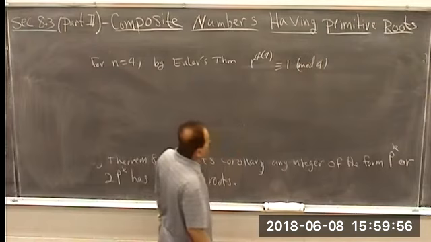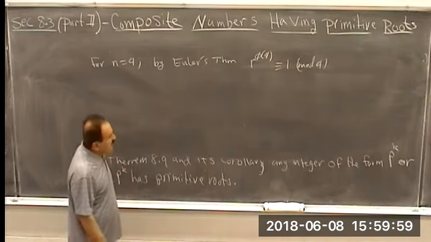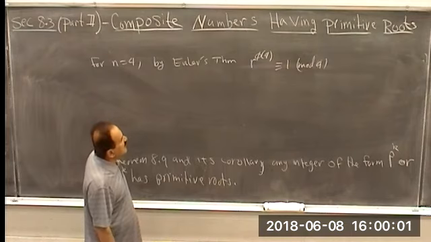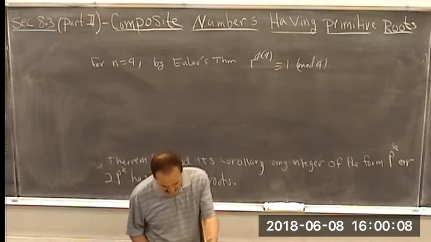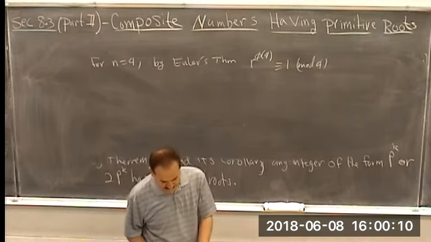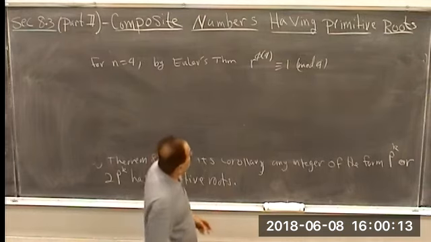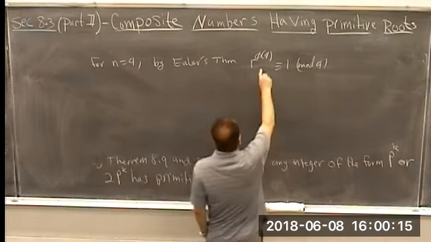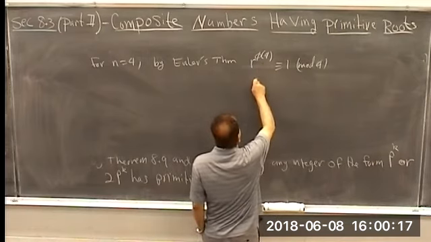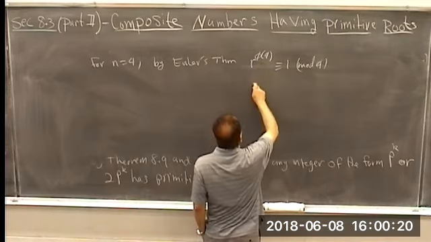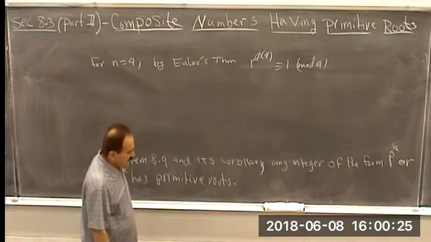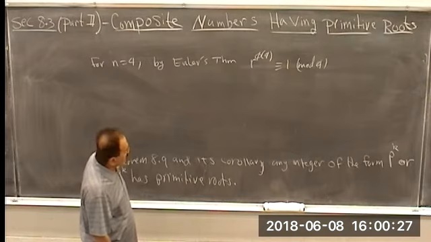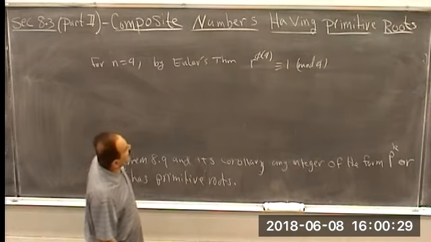But phi of 4, the number of integers relatively prime to 4, 1 and 3, is actually equal to 2.